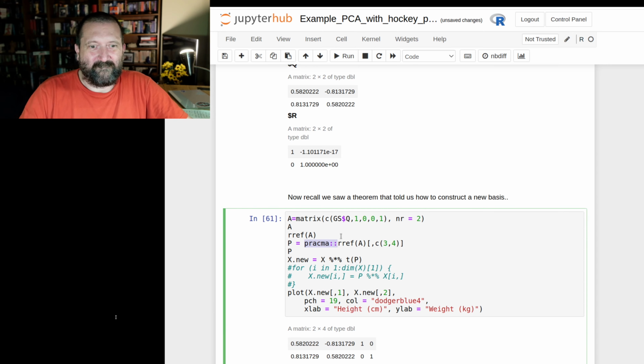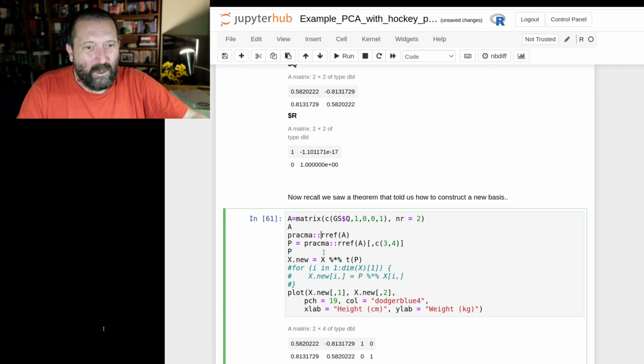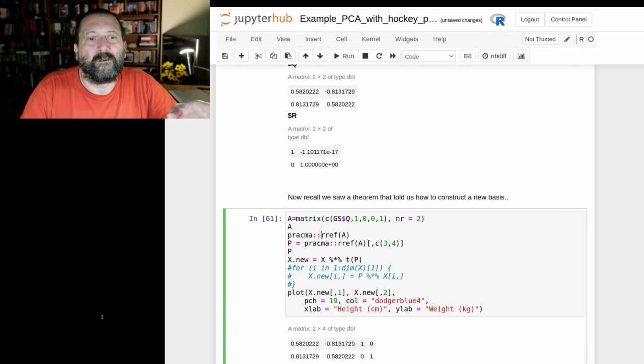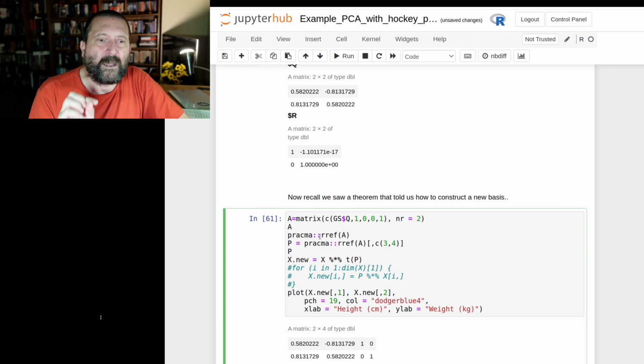So this is a perfect illustration of something that happens from time to time. When you use pracma with two colons this way, what you're saying is go in the library pracma and find the function reduced row echelon form of A. Otherwise, what I could say is load the library pracma.